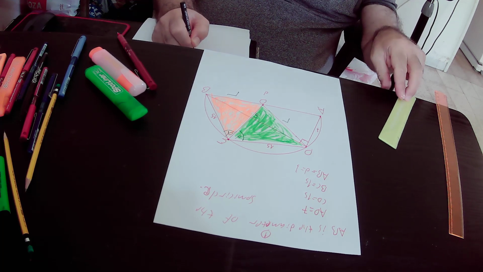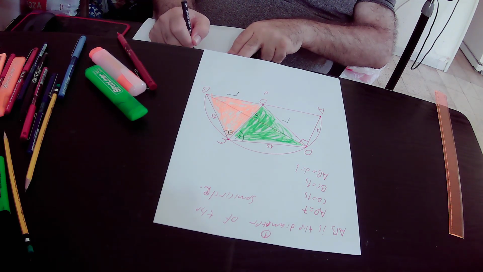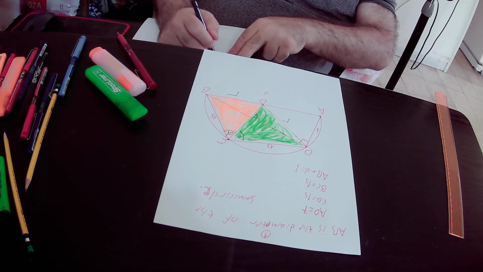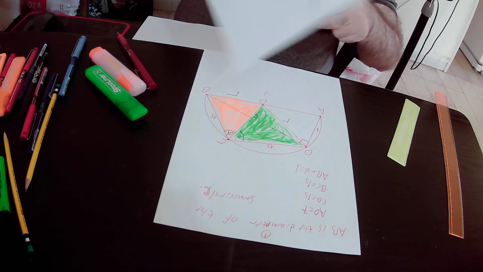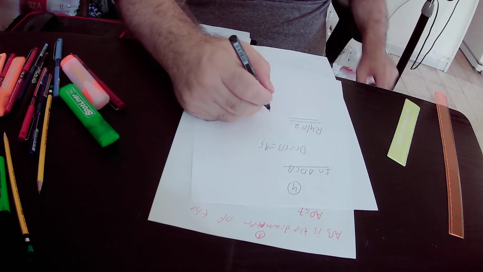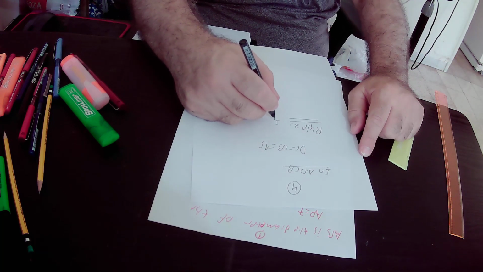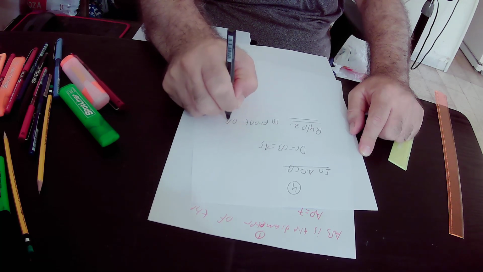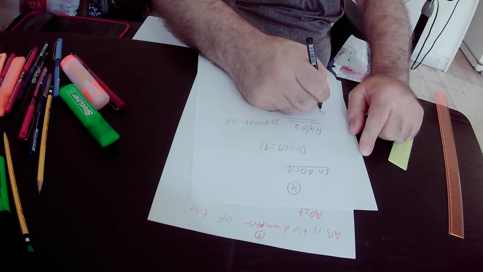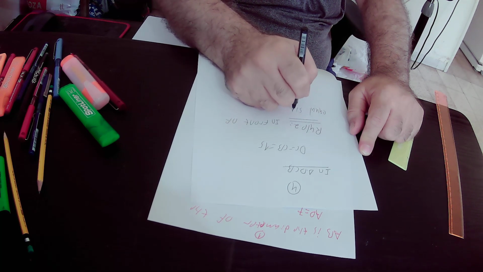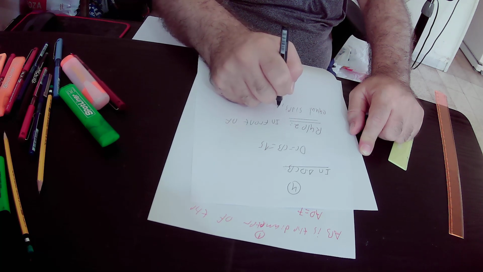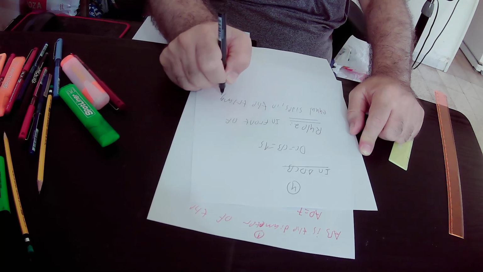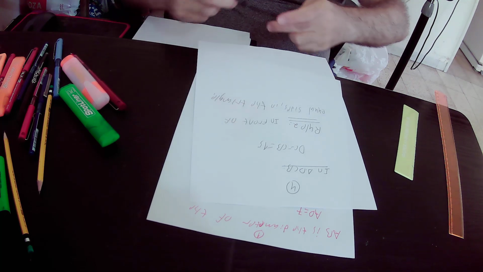Rule number 2 states that in front of equal sides in the triangle there are equal angles. So I'll write it down.